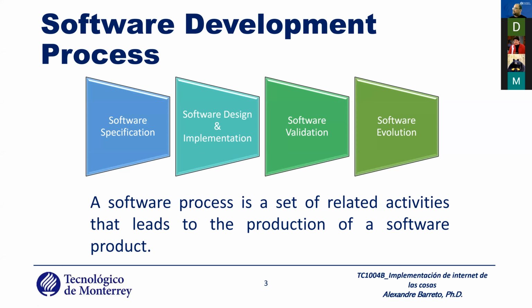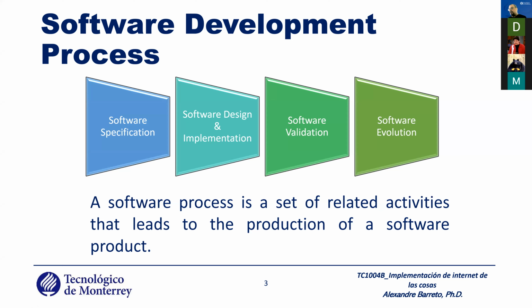We want to revisit this slide because we already talked about it in the last session. In the software development process, you follow specific steps to develop software. The first step, you already did one exercise about that, is the software specification or the requirements elicitation.